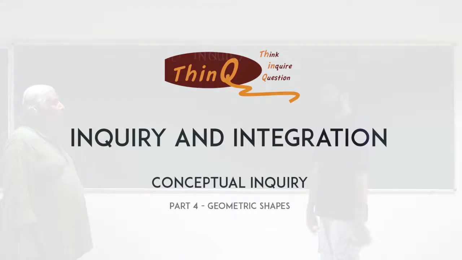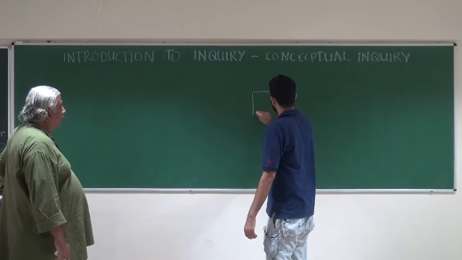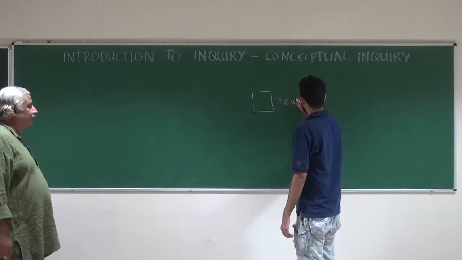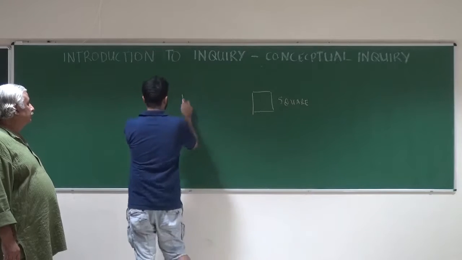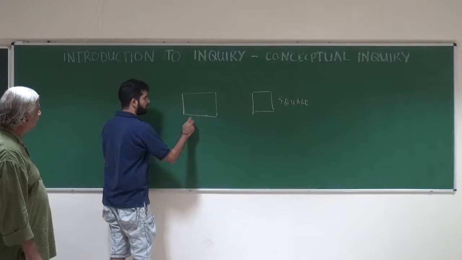Let's take another example from mathematics. Okay. What is this? Approximately. Square. Yeah. And what is this? That's a rectangle.